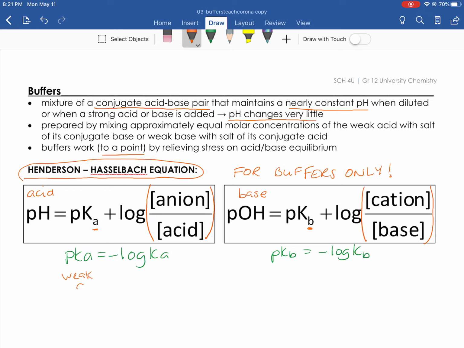And where does that come from? So remember, when you have a weak acid, its conjugate pair is an anion, because an acid is a donor, a proton donor.